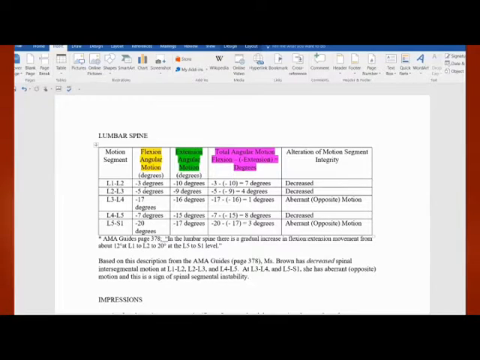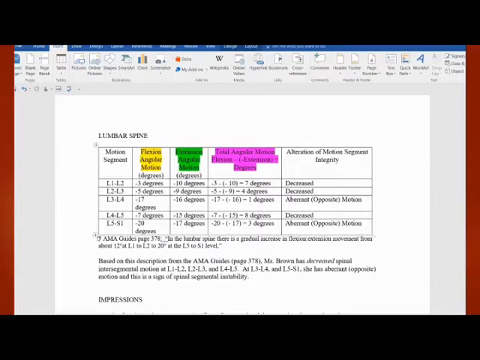So at L1 and L2 we had minus 3 degrees of flexion angular motion. We had minus 10 degrees of extension angular motion. And if you do the math, minus 3 degrees minus minus 10 degrees, we see that L1, L2 is moving through an arc of 7 degrees of range of motion as the spine goes from the extreme of flexion all the way through to the extreme of extension.